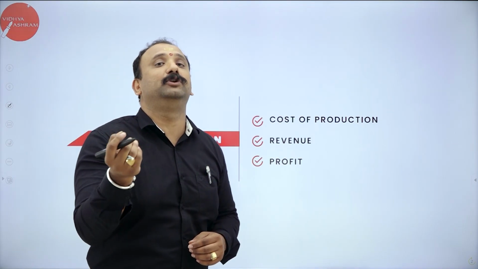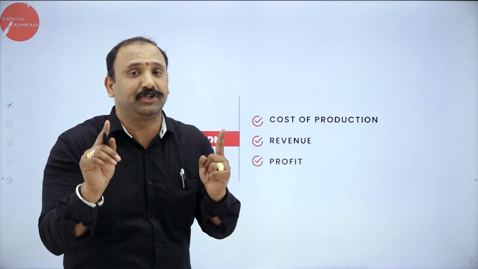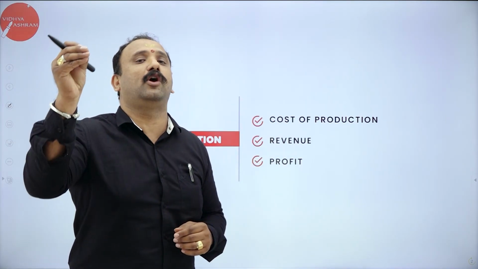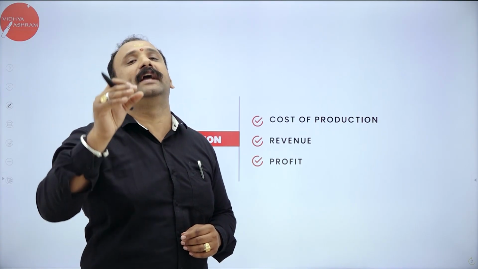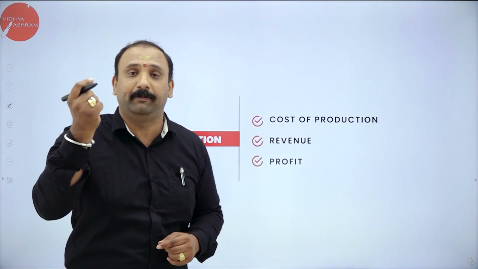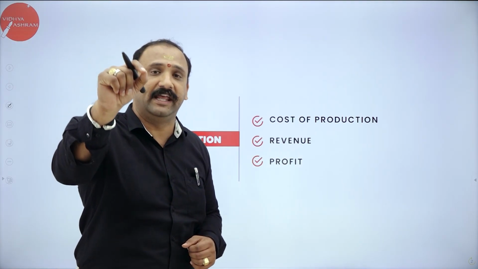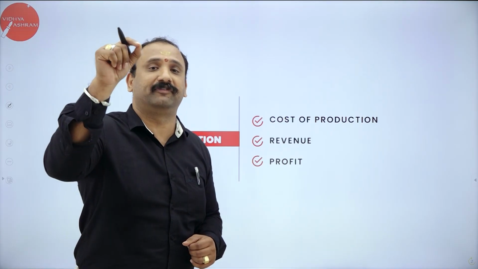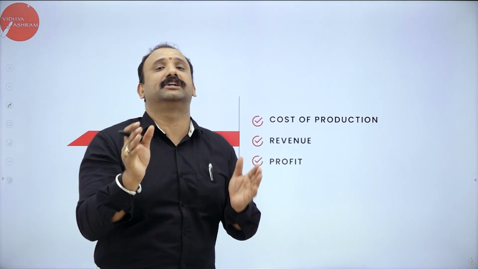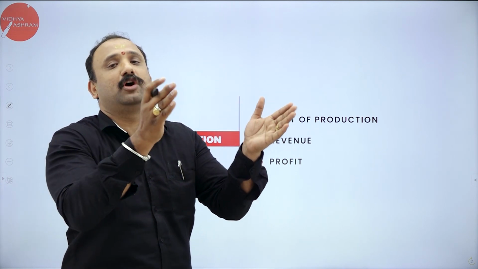For example, to manufacture a chocolate, that might be a 1 rupee chocolate or a 100 rupees chocolate, but there is a cost involved with that chocolate. Now, where is that cost coming from? It might be in the form of raw material, labor, or capital, but yes, there is a cost involved in the production of the chocolate.